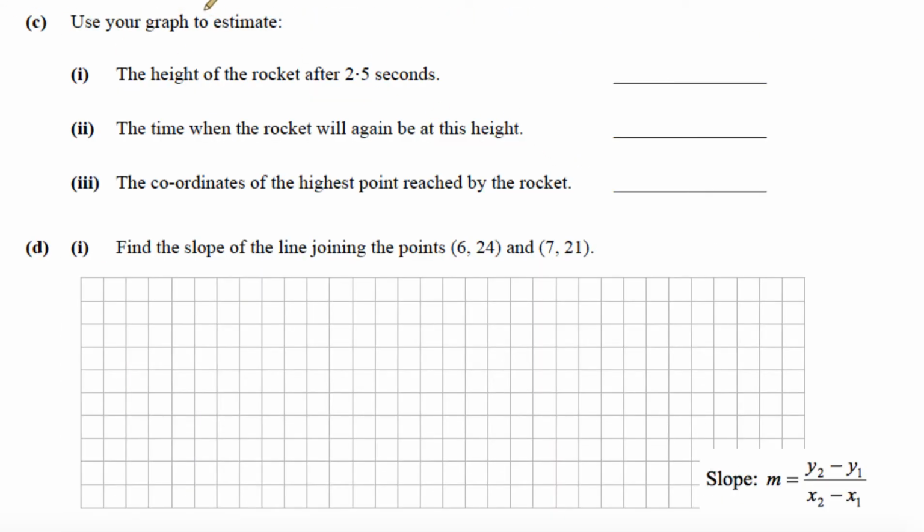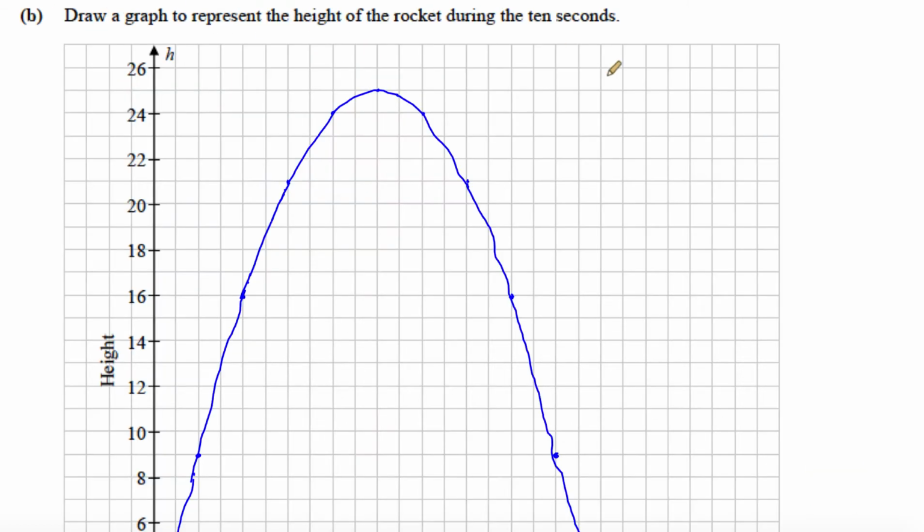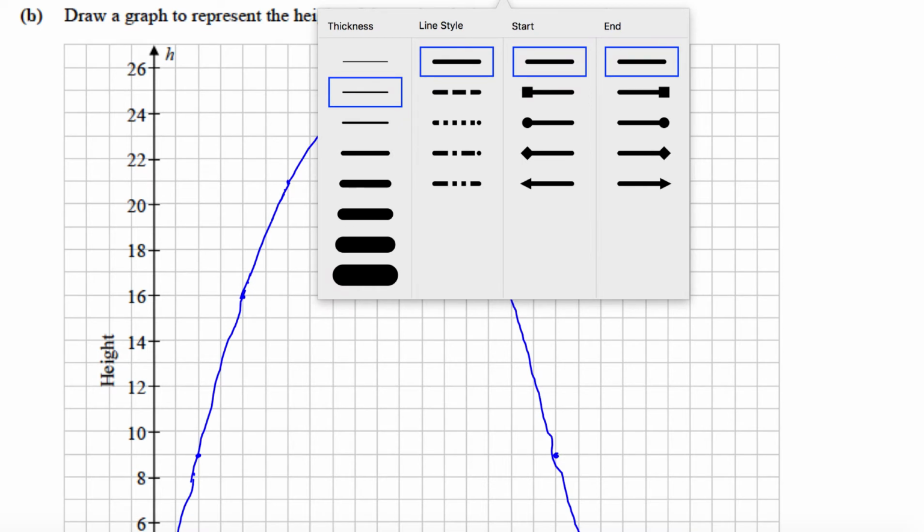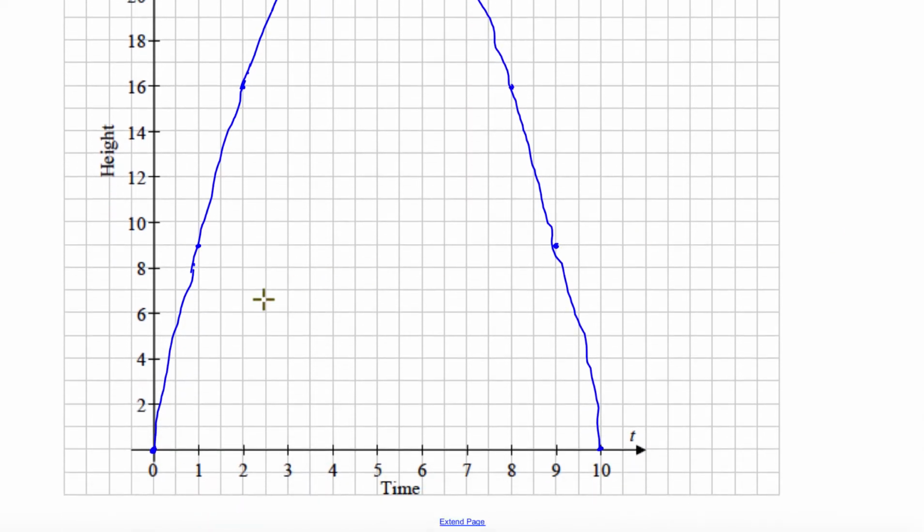Part C says, use your graph to estimate the following. The height of the rocket after 2.5 seconds. So if we go back and we want to get the height of the rocket after 2.5 seconds, 2.5 seconds would be here. So from 2.5 seconds, draw a line straight up till you hit your graph.